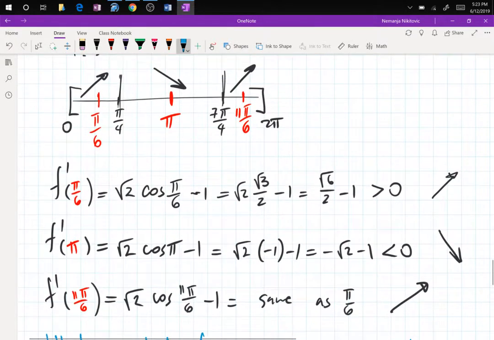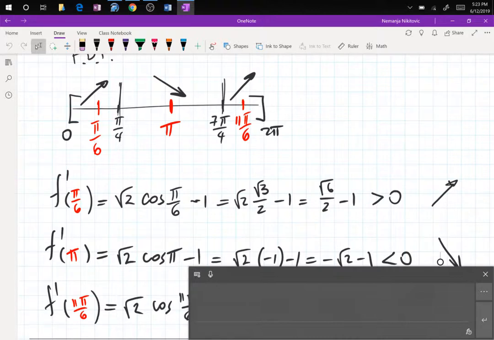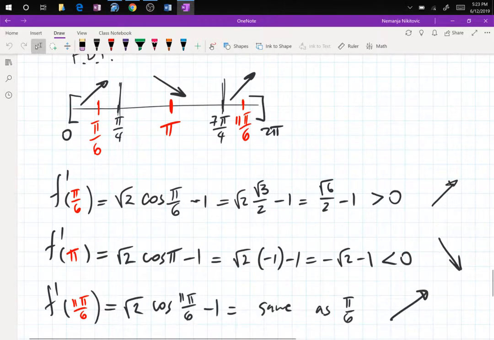The way the arrows are arranged, you start at 0, going through pi, it goes up, hits the highest peak at the critical point, because critical points are either min or max. So it hits the critical point at max, drops down, hits the minimum at 7 pi over 4, and then continues rising up.